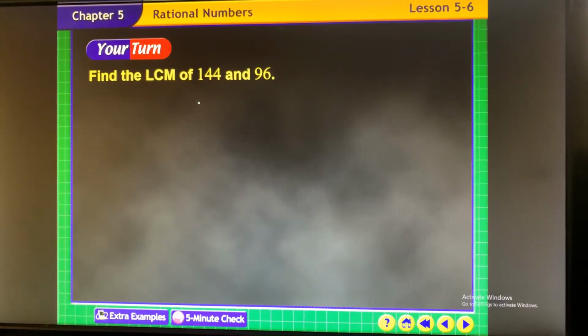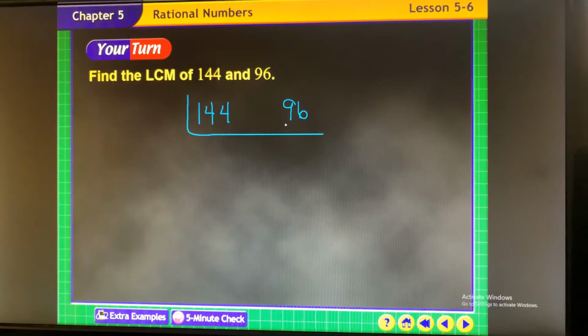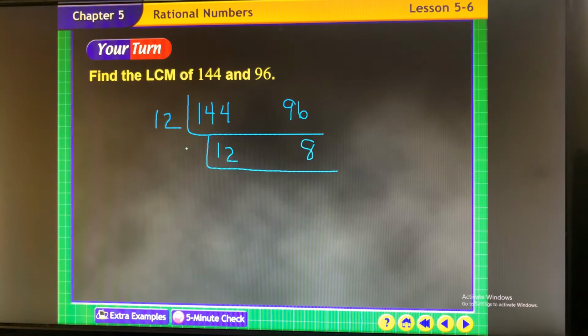Okay, so now we have 144 and 96. So think to yourself, what goes into 144 and 96? What's the biggest number you can think of? 12? 12 goes into 144 12 times, and 12 goes into 96 8 times. Can anything go into 12 and 8? Yep. 4. 4 goes into 12 3 times, and 4 goes into 8 twice.